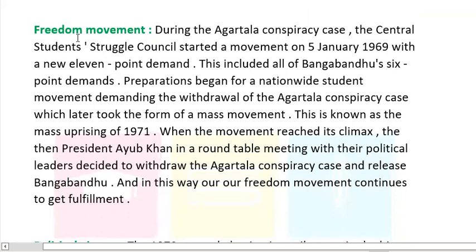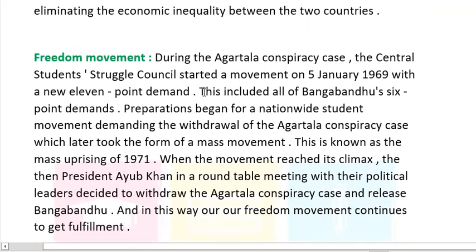Freedom movement. During the Agartala conspiracy case, the Central Student Struggle Council started a movement on 5 January 1969 with a new 11-point demand. This included all of Bangabandhu's 6-point demands. Preparations began for a nationwide student movement demanding the withdrawal of the Agartala conspiracy case, which later took the form of a mass movement.